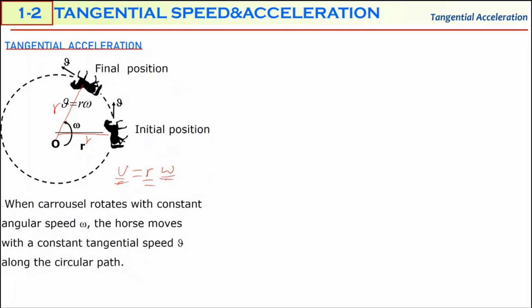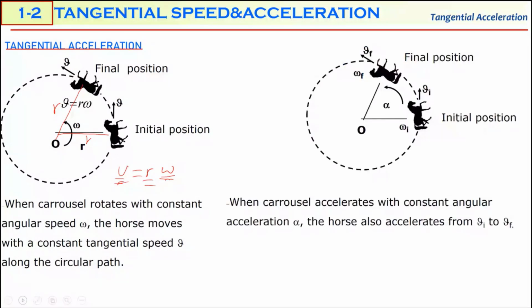Okay, if this carousel is speeding up or slowing down, look at here. Initially, it's moving with an angular speed omega initial. Then it is speeding up. So this angular speed must increase from an initial value to a final value.